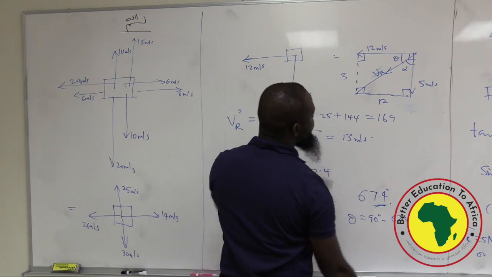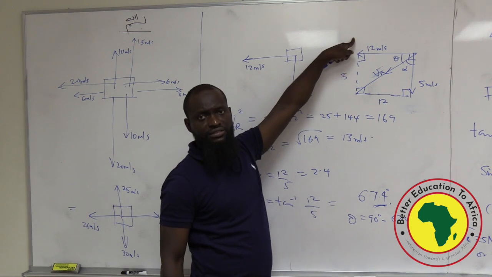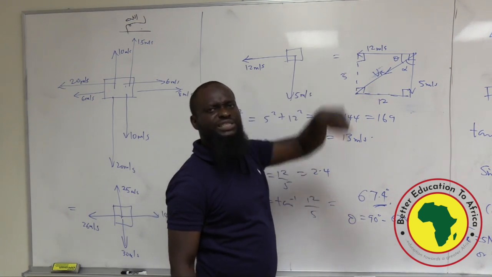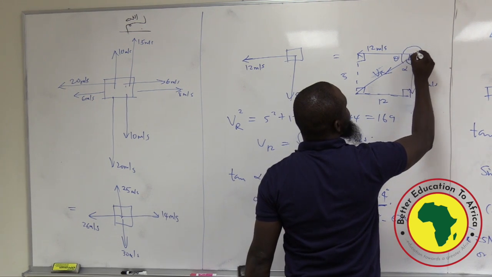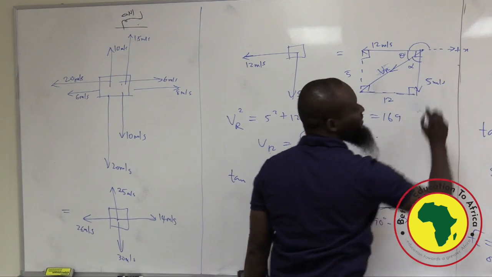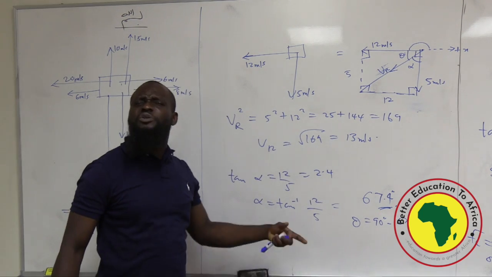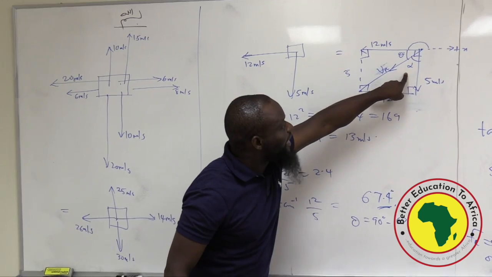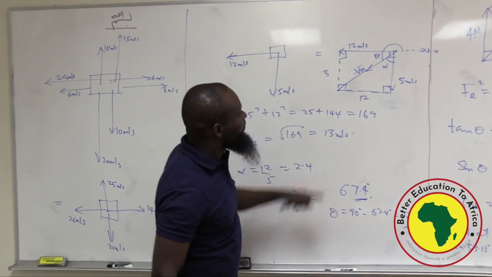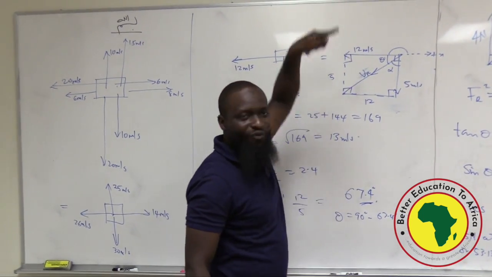So it will be 22.6 degrees to the negative x-axis. What if to the positive x-axis? It will be 22.6 plus 180 degrees to the positive x-axis. Any of those directions will work. Or if I like, I say alpha west of south, or theta south of west.